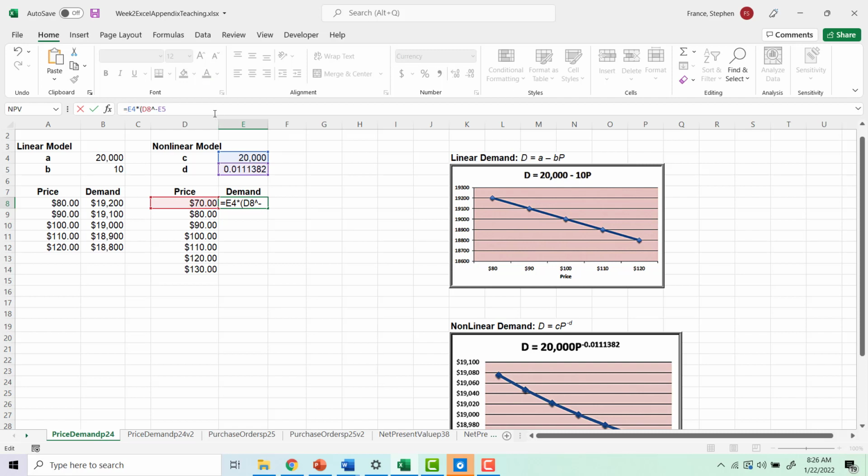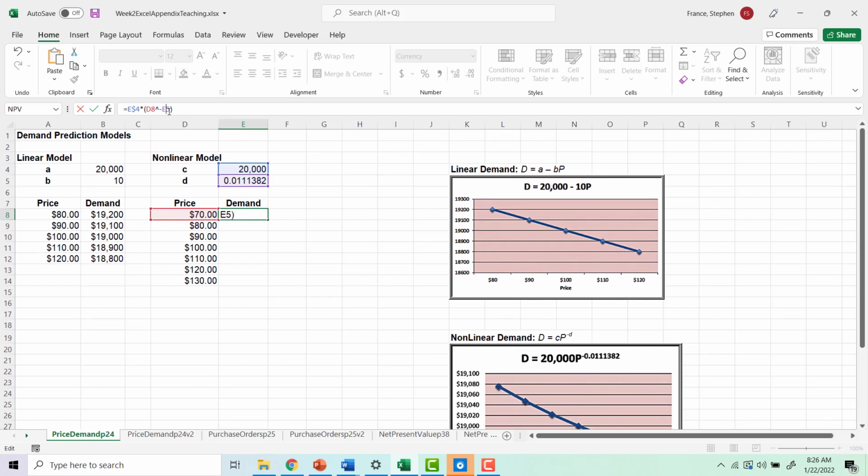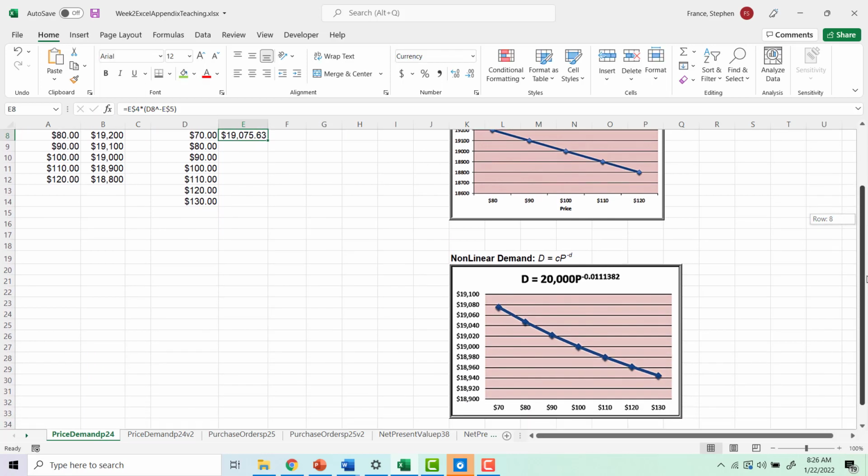So I'm going to put this in brackets. So we've got D8 to the power of minus E5. And of course, remember what we did before. We're not going to make the same mistake this time. We're going to put the dollars on the parameters, so when we drag it down, it doesn't change. So let's drag it down.